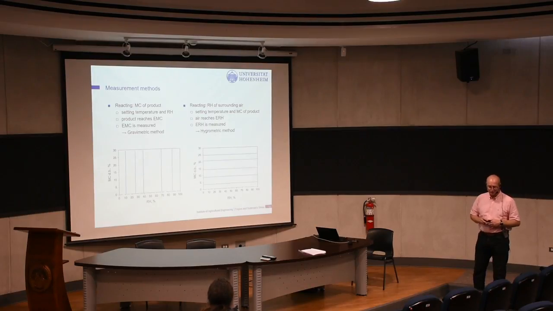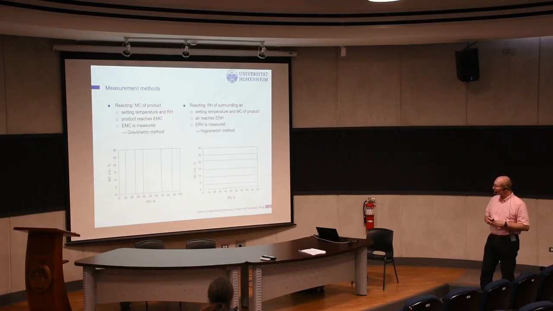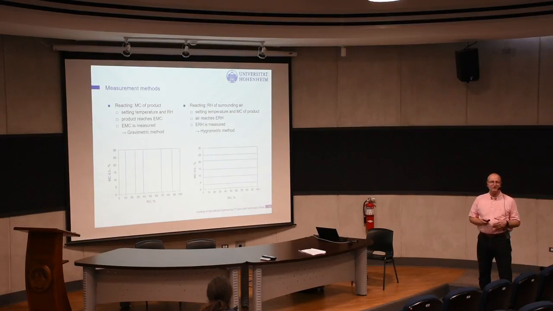Okay, now how to measure sorption isotherms. There are two principal methods. We would like to have points in this chart to draw through our nice S-shaped sorption isotherm. So there is one philosophy that we set a system which has a certain temperature, let's say 20 degrees, and which has a relative humidity of 10% or 25 or 40 or 70 or whatsoever.